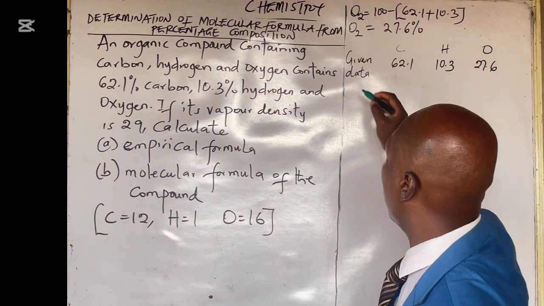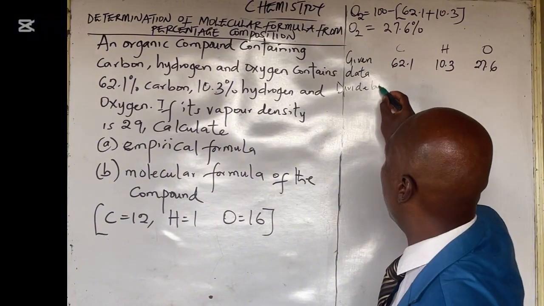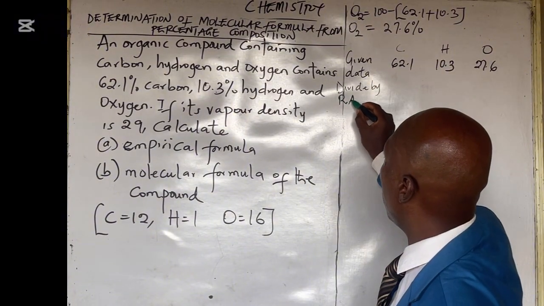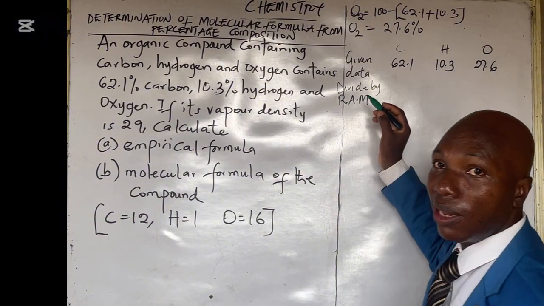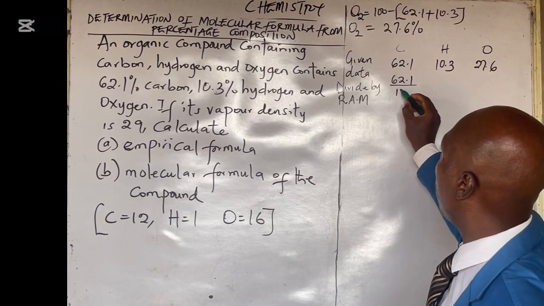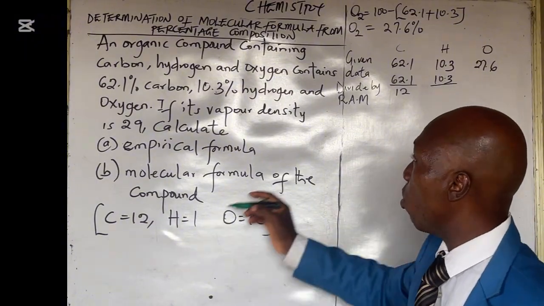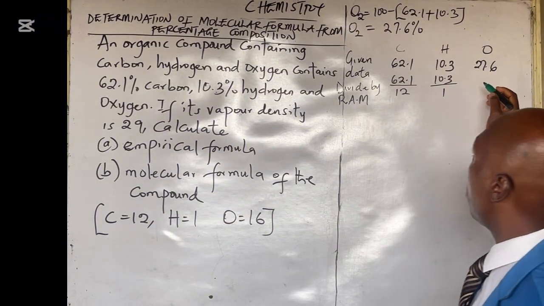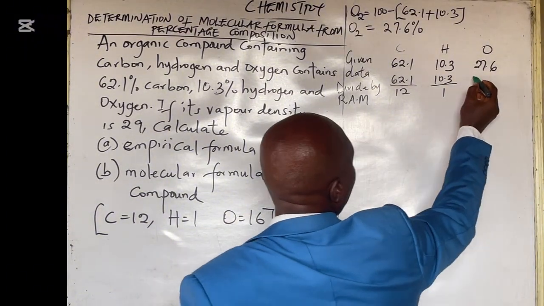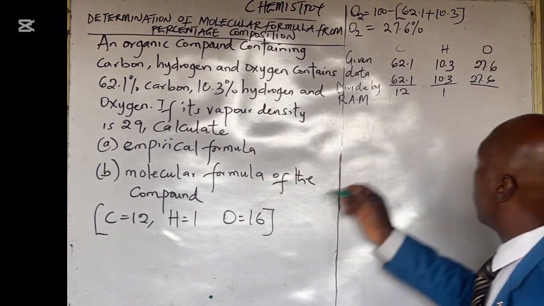The next stage is to divide by the relative atomic masses. Relative atomic mass of carbon is 12, so 62.1 divided by 12. Hydrogen is 10.3 divided by 1. And oxygen is 27.6 divided by 16, since oxygen is 16.